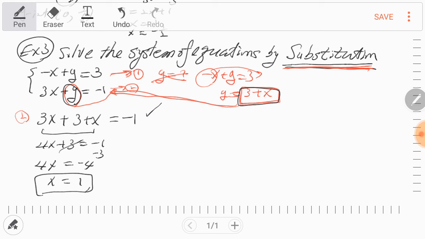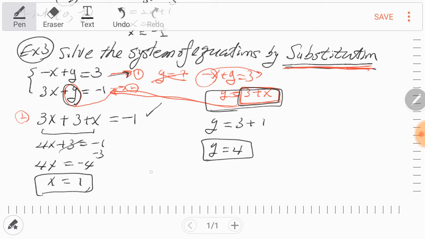We can use either equation. In this case, we rewrote equation 1 so that it is y equals 3 plus x. So why don't we use this equation? Then y equals 3 plus 1, so y equals 4.